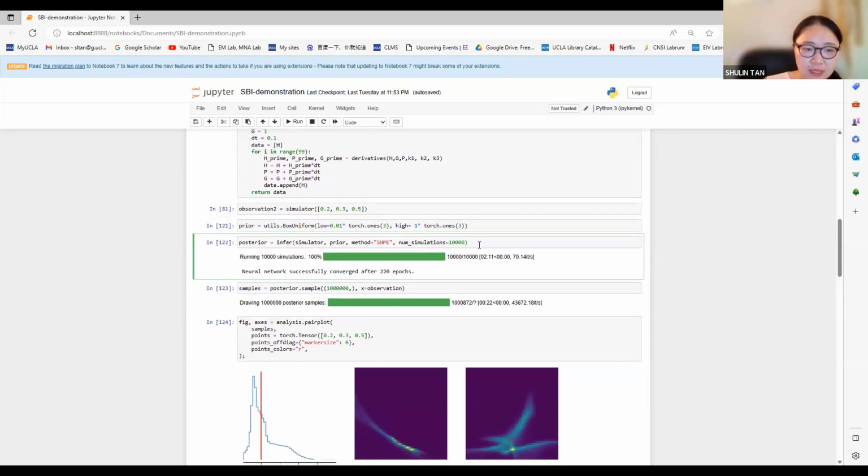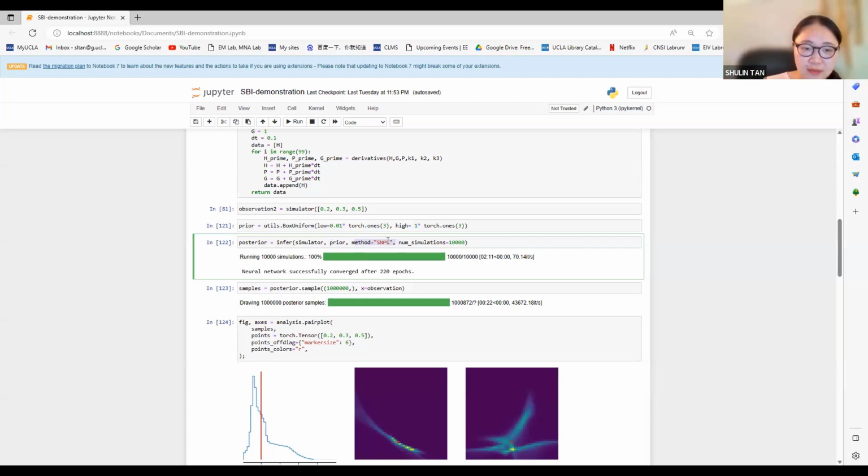And then I just do the inference. I have the simulator, and I have the possible distribution of my parameters, basically a range where my parameters are going to fall in.